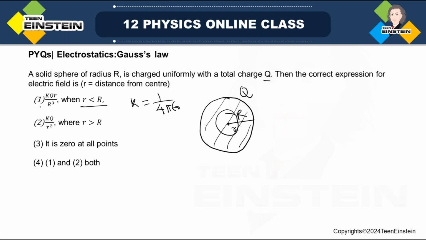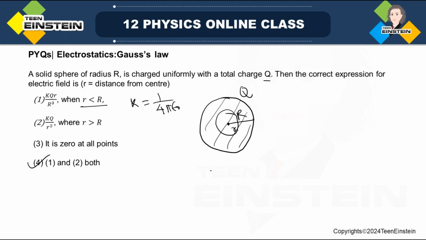So it is increasing directly proportional to the distance when inside the sphere. When it is outside the sphere, it is kq by r square. Option 3 says it is 0 at all points. Option 4 says options 1 and 2 are both true. So the fourth option will be the correct answer for this question.